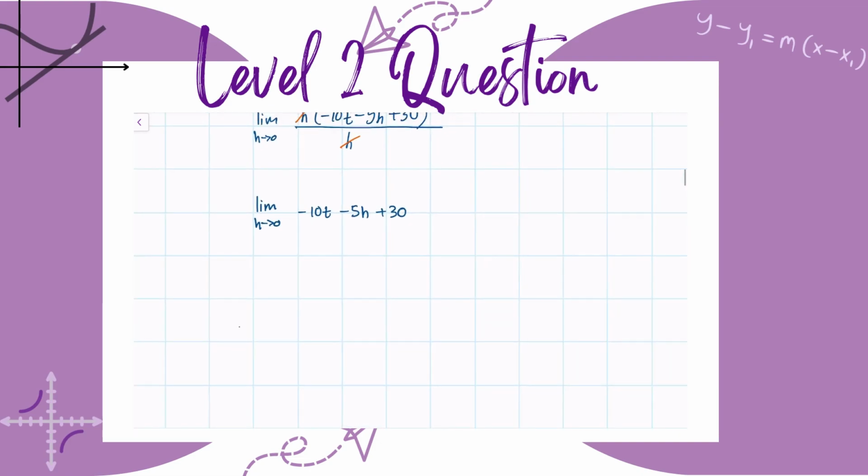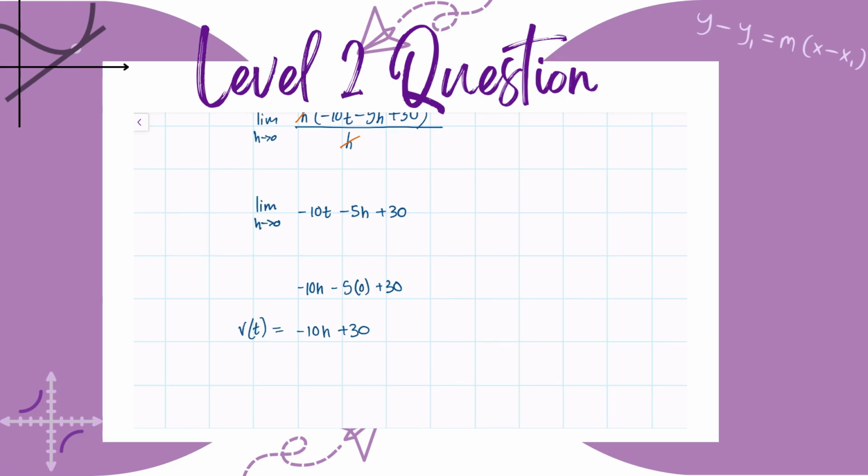And finally, we get to plug in 0 for h, which is going to be negative 10t minus 5 times 0 plus 30, which gets simplified to negative 10t plus 30. Now, this over here is our slope, meaning our velocity equation. So this is v(t).